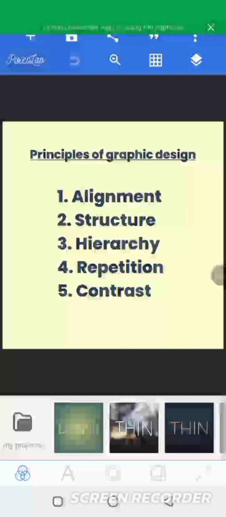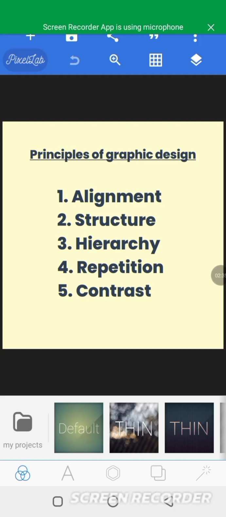You wouldn't want a situation where, for example, your heading will be left aligned, now your subheading will be right aligned, and maybe the features on your flyer will be middle aligned. That is rubbish. So it's either you make the heading middle aligned, the subheading middle aligned, then the rest.